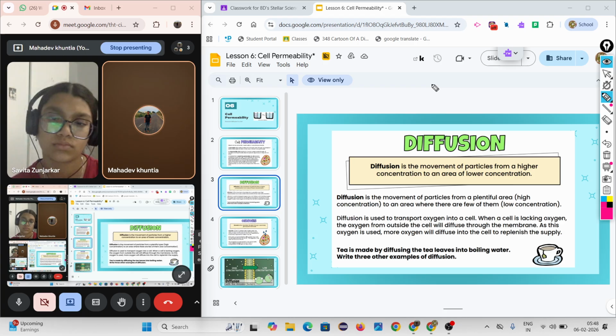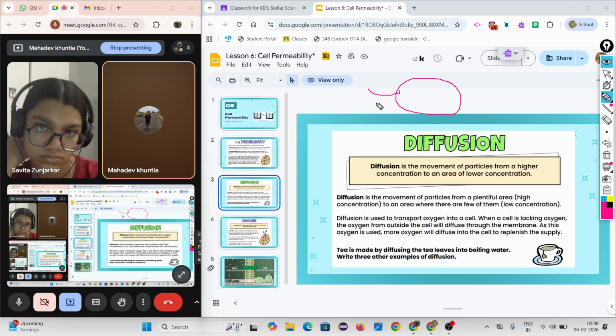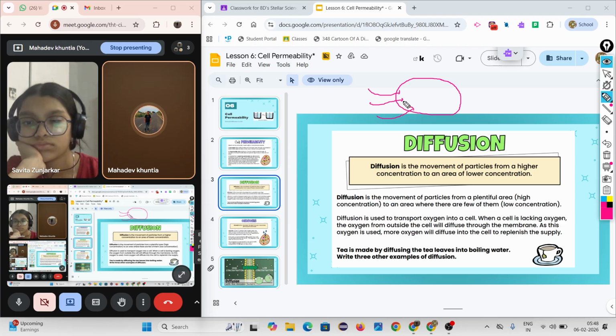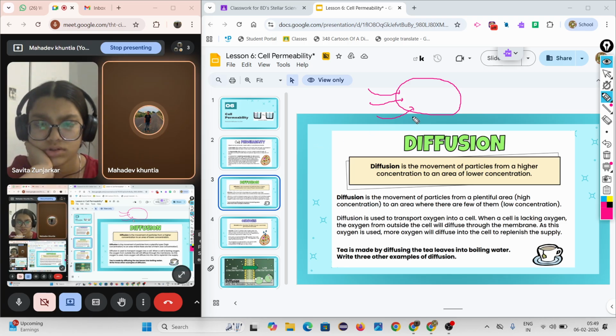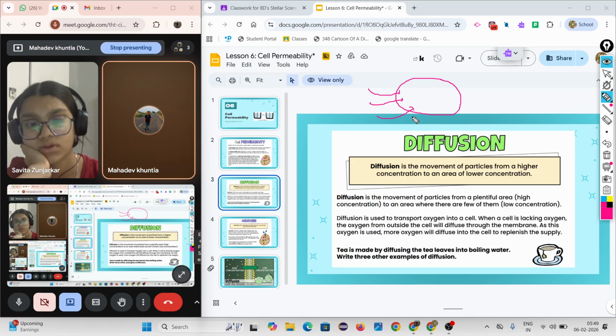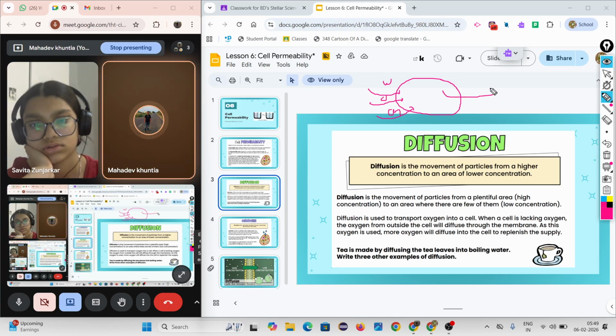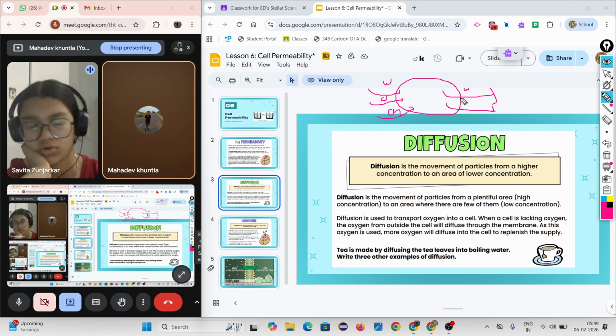So my question is, tell me the substance names that can pass through the cell membrane. Water, oxygen, carbon dioxide. The same thing, it is coming out from the cell.